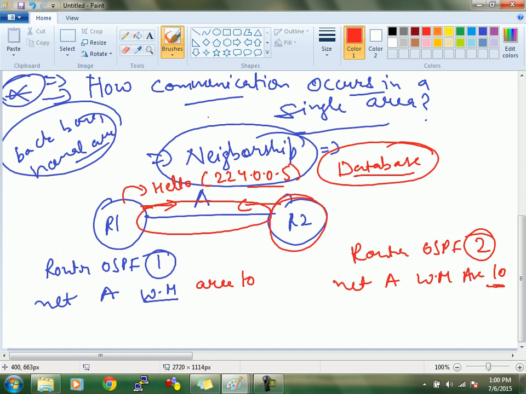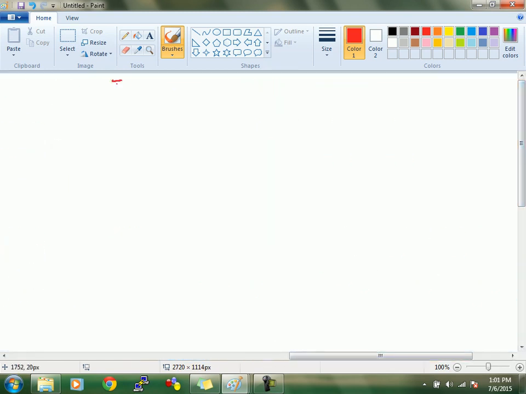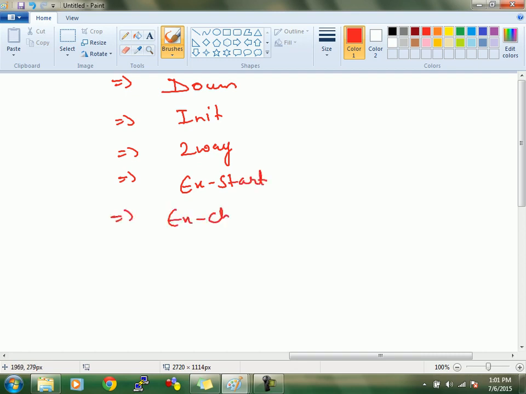So, to differentiate between these two things, I have some neighbor states. What are those neighbor states? First one is down. How many neighbor states are there?